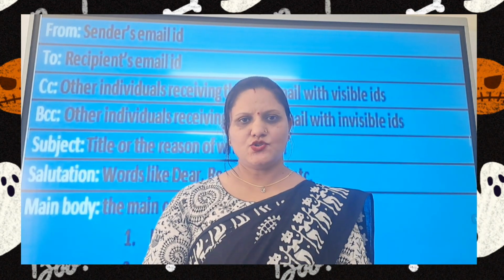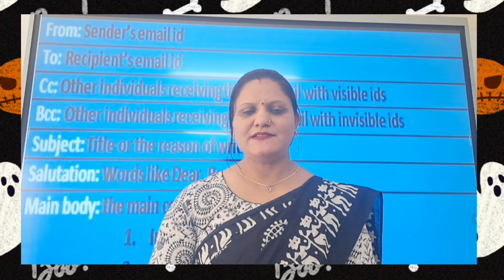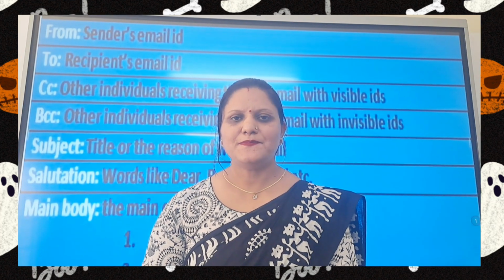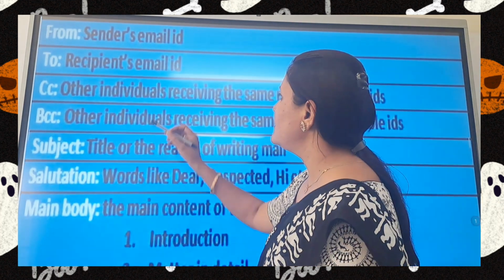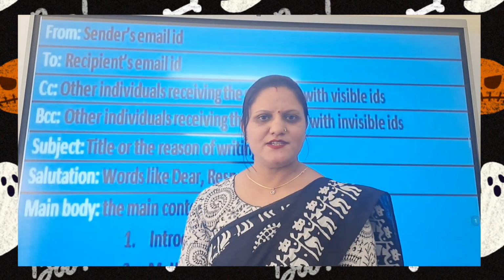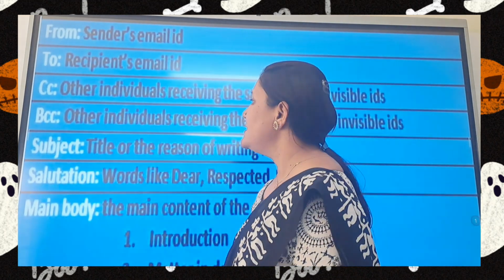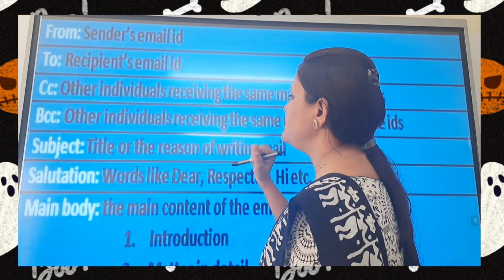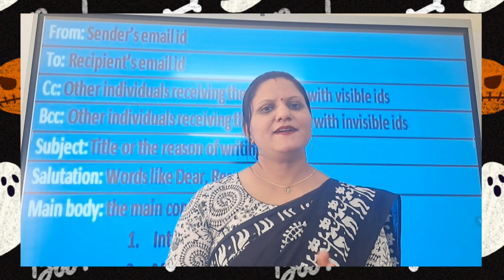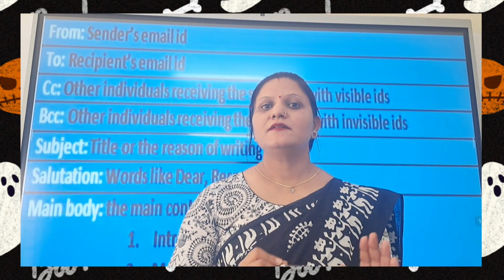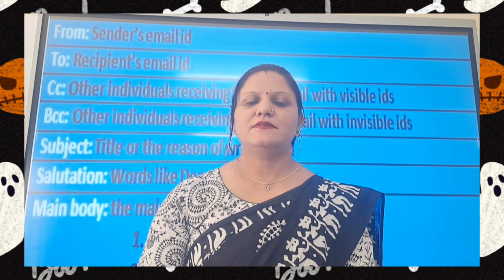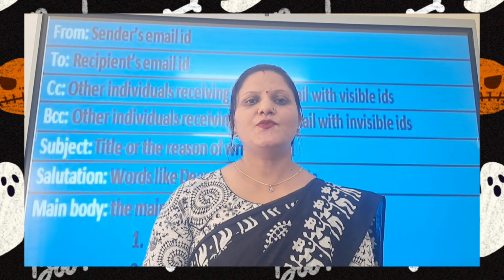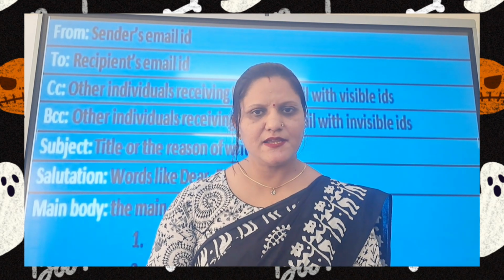Next column is to. You must know the email ID of the particular person to whom you are sending the mail, so here you have to write down the receiver's email ID. Next is CC and BCC. CC is carbon copy, where all the receivers can see the list of the email receivers to whom we have sent the email.